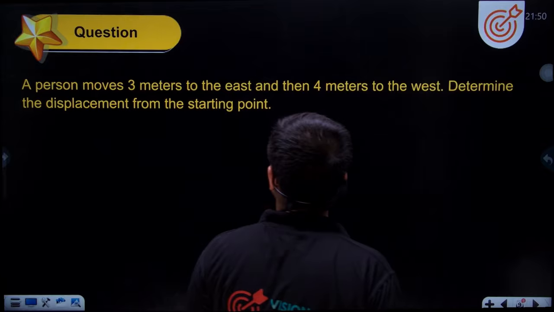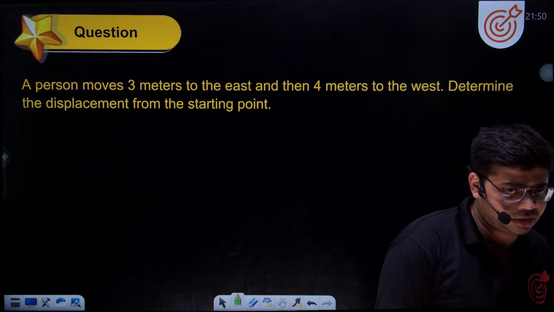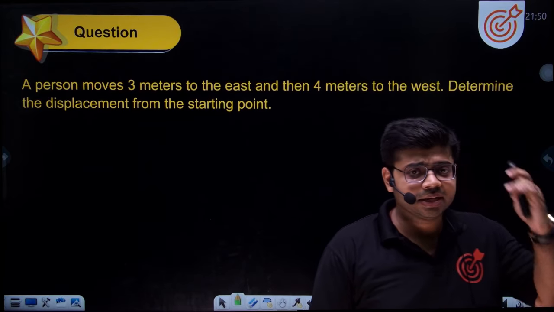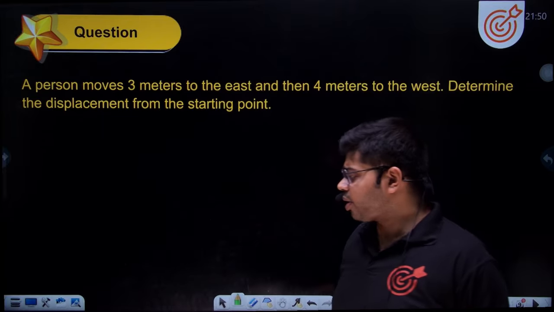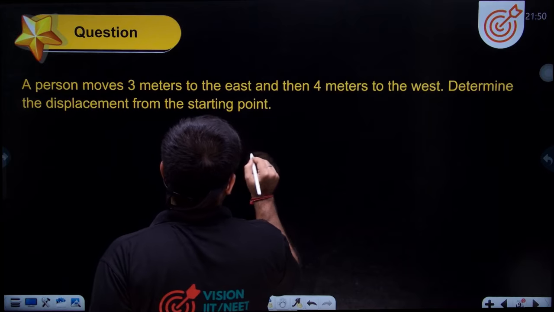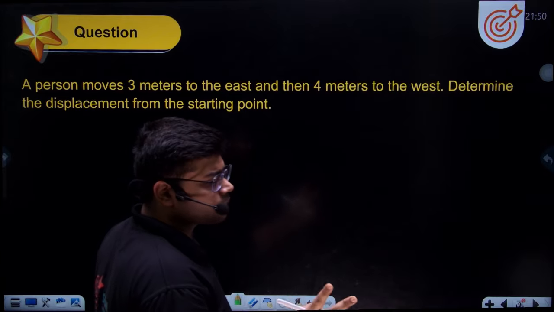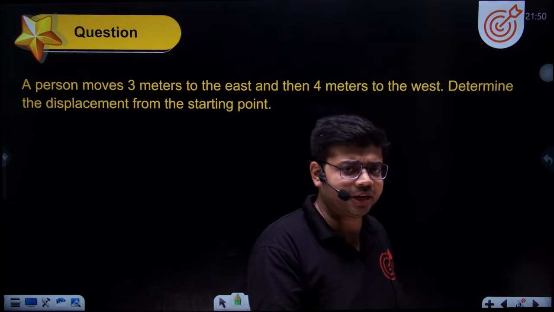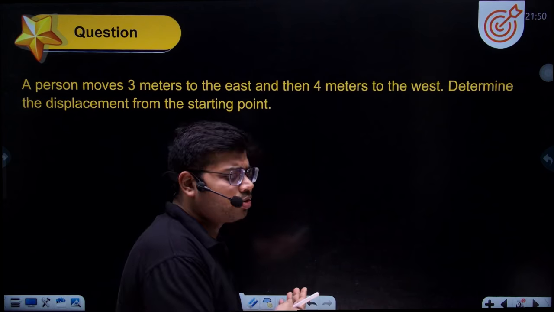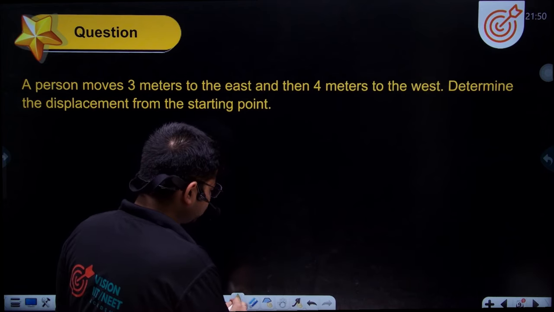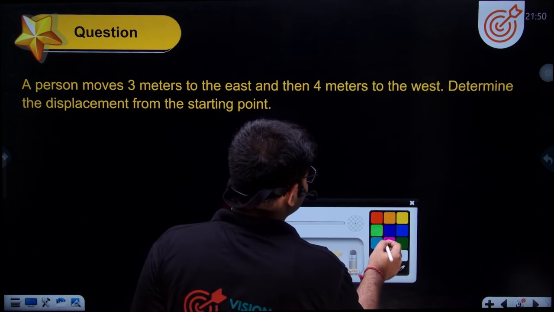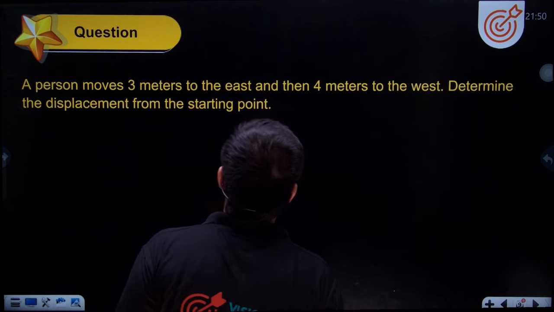Determine the displacement from the starting point. You are asked to determine the displacement from the starting point. Suppose this we will solve in two ways. One is we are going to solve it graphically, and second we would like to solve it vectorially as well. Because you know displacement is nothing but it is a vector quantity.